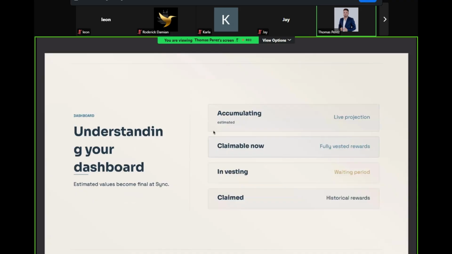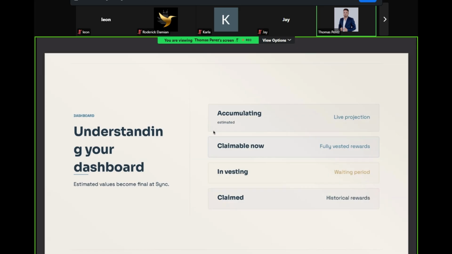Now let's talk about the dashboard, the function that matters the most for your personal stakes, which is in the My Position view on your rewards. When you look at your dashboard, you will see several numbers, and it's important to understand what they mean. Some values are live estimates.